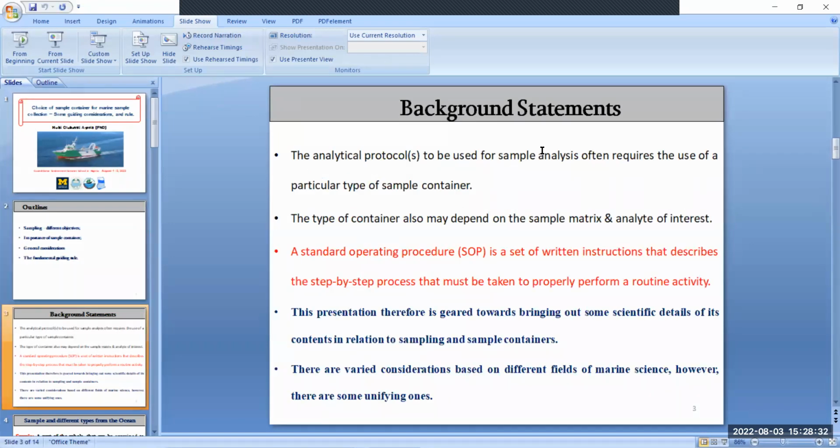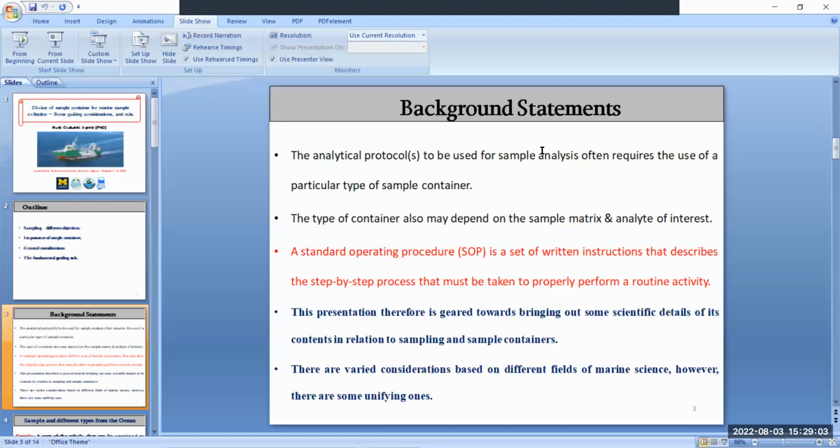The analytical protocol or protocols to be used for sample analysis often requires the use of a particular type of container. The type of container may also depend on the sample matrix and your analyte of interest. I will explain later what analyte of interest means, for those of us who have little knowledge about sampling or sampling techniques.